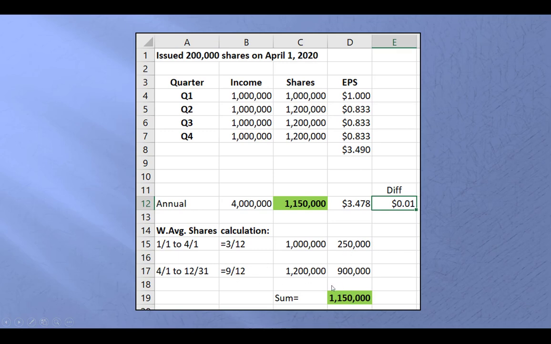Add these two together, weighted average for the year, 1.1 million. Income divided by 1.1 million, $3.48 for the year. Difference, 1 penny. Not much, but still a penny.